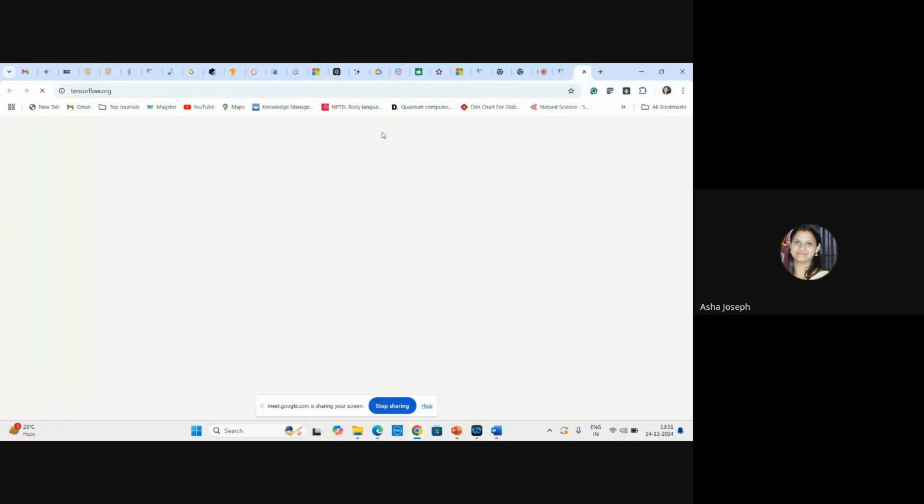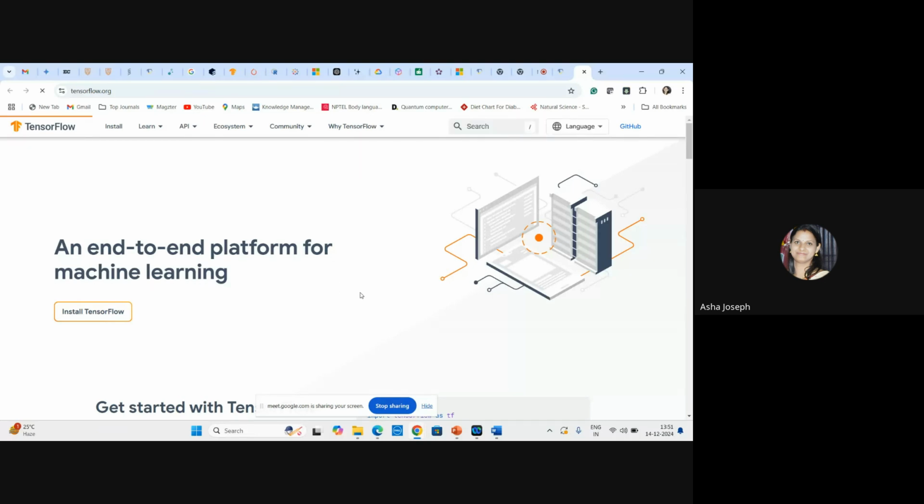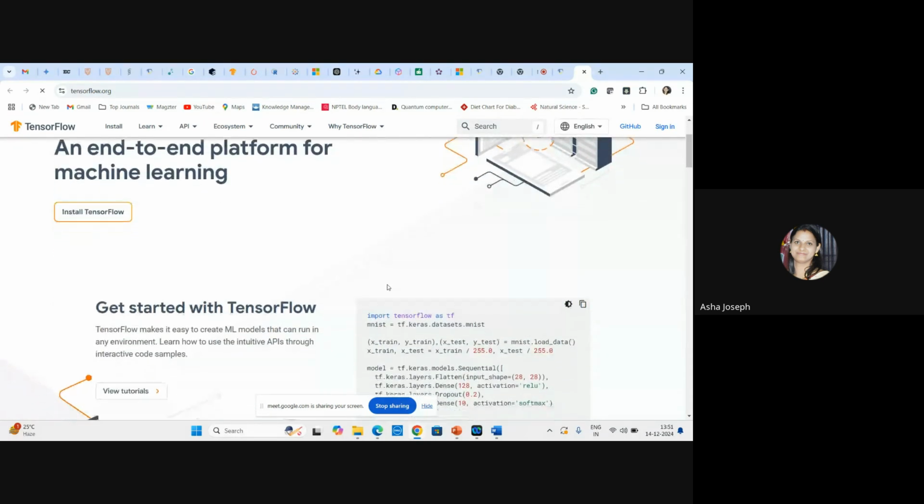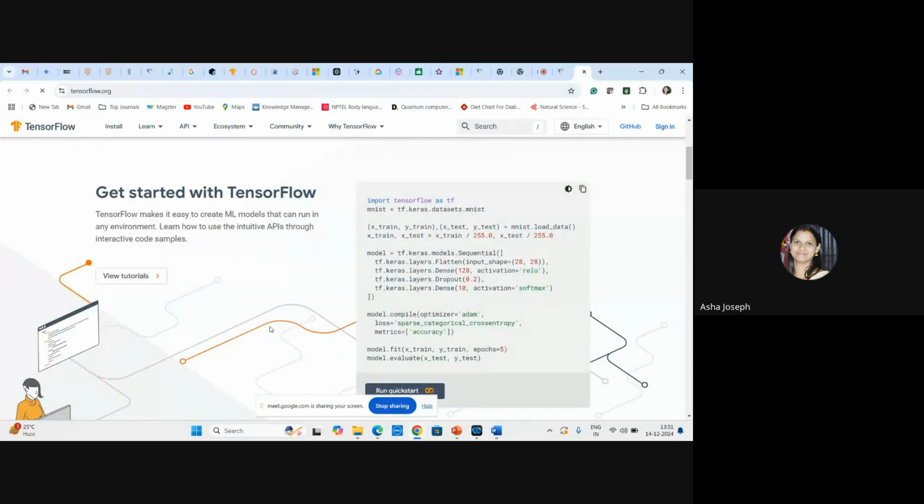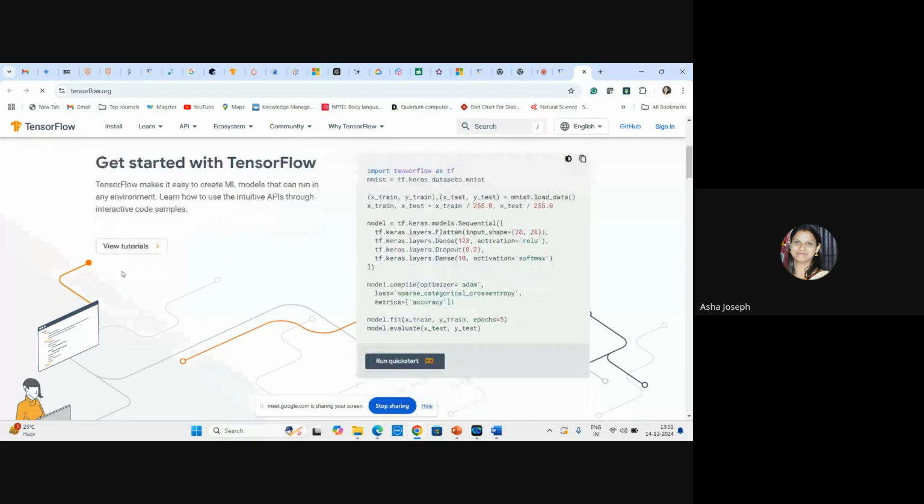On the TensorFlow organization site, you can see it's an end-to-end platform for machine learning. How to get started? It's very easy. Go to the TensorFlow.org site and you can view tutorials. There is already written code present over there.